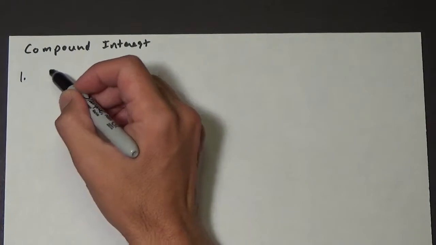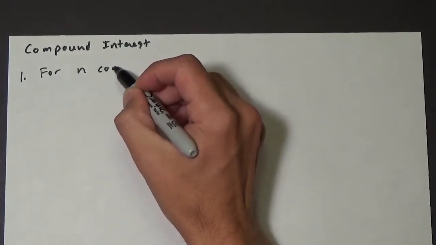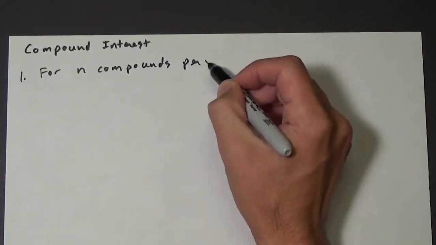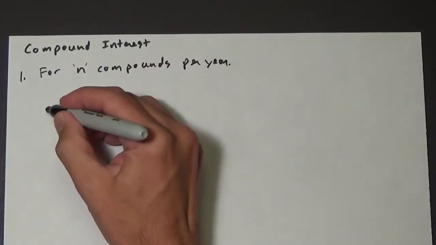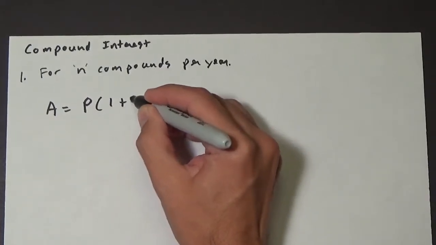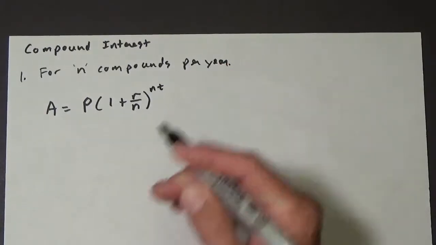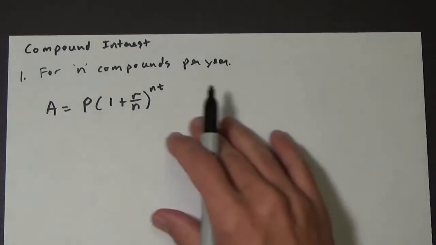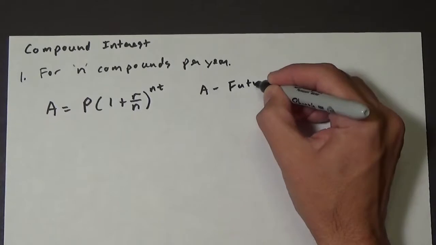So let's say we have n compounds per year. So we would have A equals P times (1 plus R over N) raised to the NT power. Okay, so to review this formula, A is our future amount.